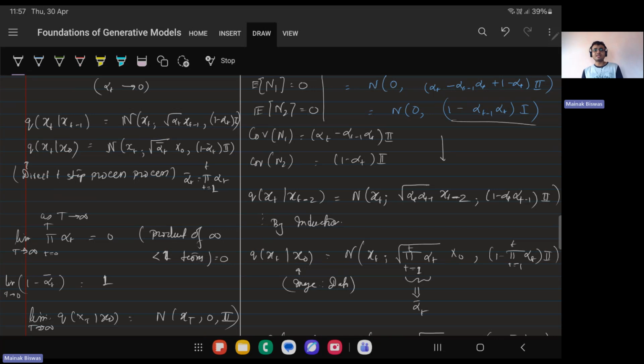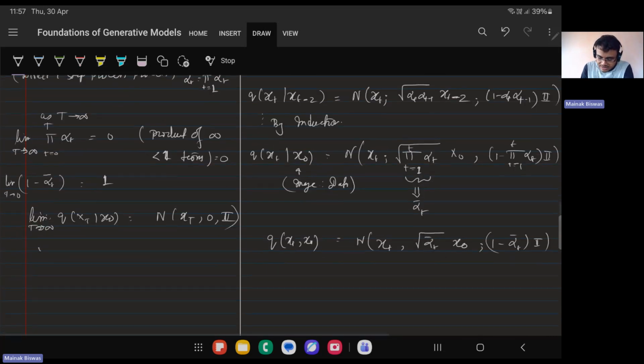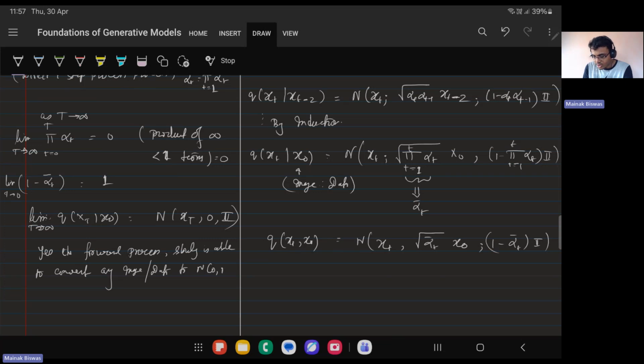Right? So what do I see? That indeed, yes, the forward process slowly is able to convert any image or data to normal 0, 1 or isotropic noise.